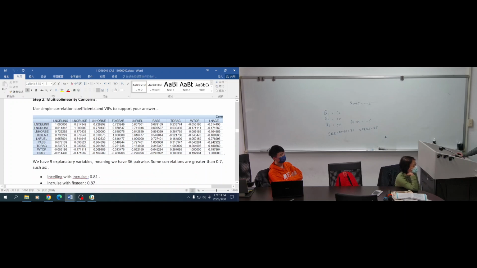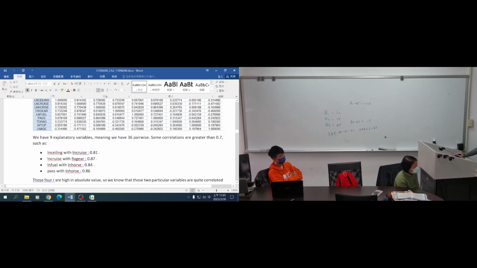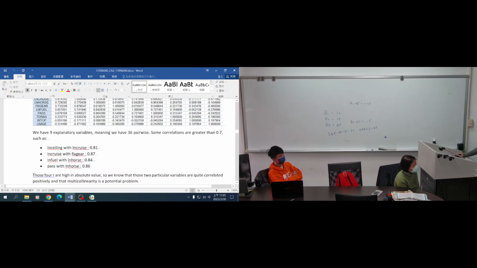And this one is the multicollinearity concern. We have for the ln sailing and ln cruise 0.81, and ln cruise with fixed gear is 0.87, and ln fuel with ln horse is 0.84, and pass with ln horse is 0.86.